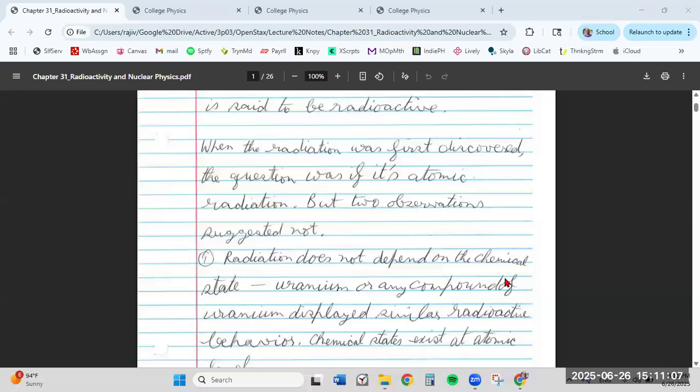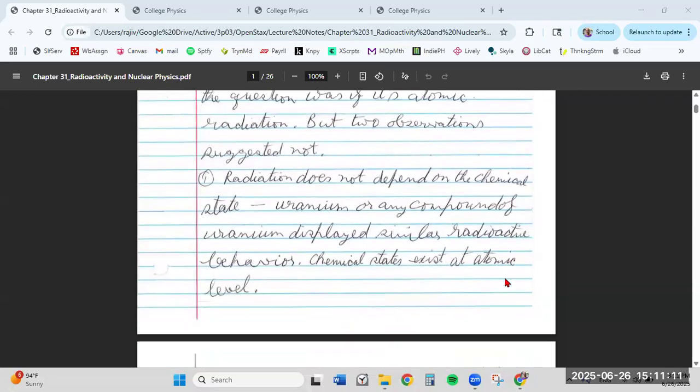But there were two observations about this radiation which suggested that was not the case. First of all, the nature of the radiation does not depend on the chemical state. For example, if you consider uranium or any other compound of uranium, any salt of uranium, all of these displayed similar radioactive behavior.